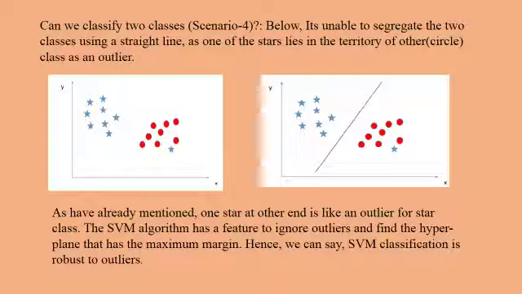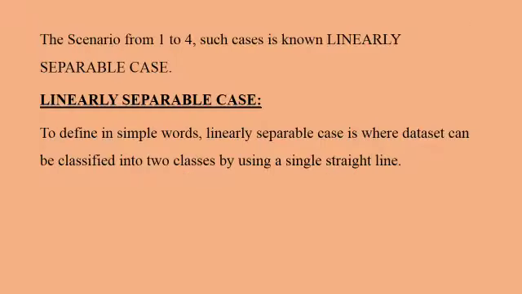Hence, we can say SVM classification is robust to outliers. Scenarios 1 to 4 are known as linearly separable cases. In simple words, a linearly separable case is where the dataset can be classified into two classes by using a single straight line.